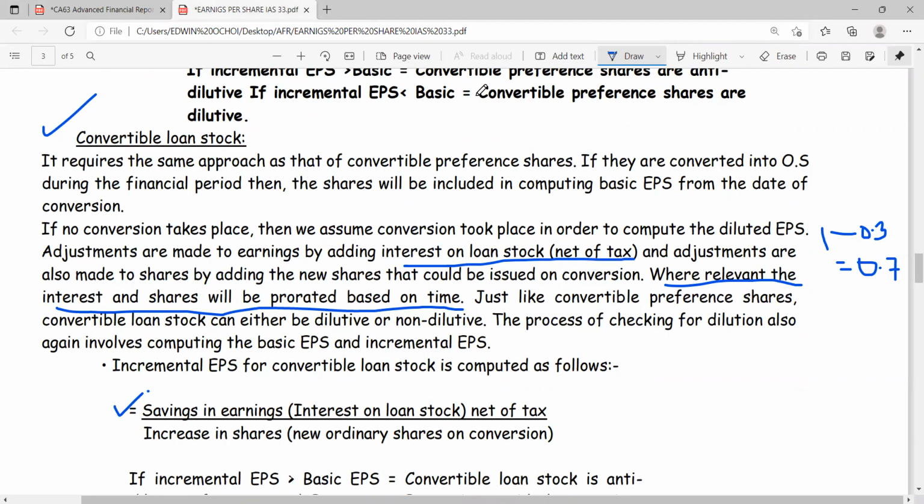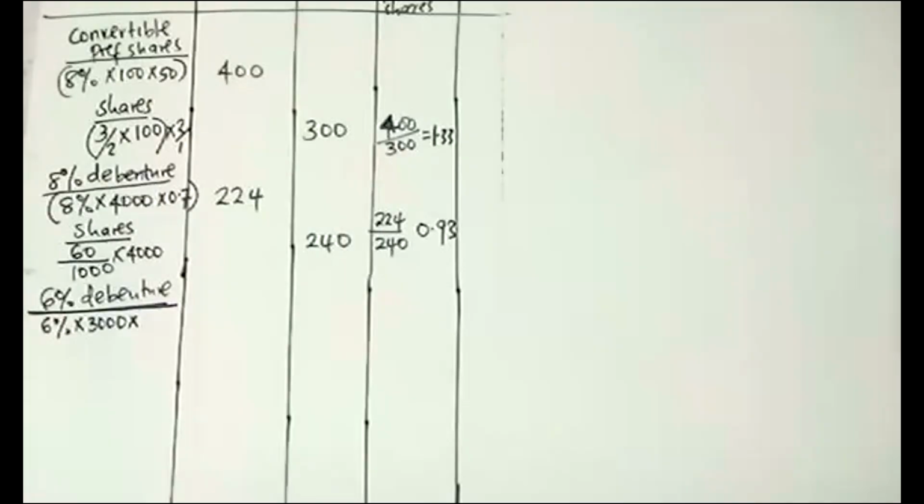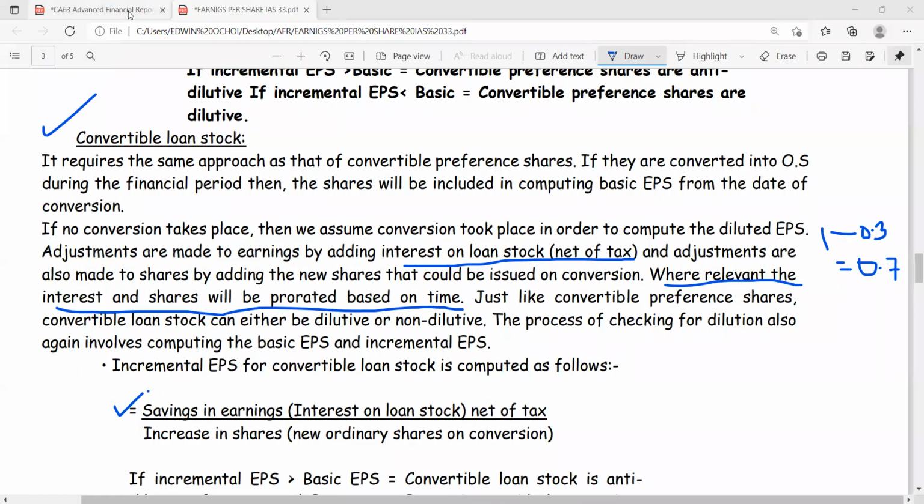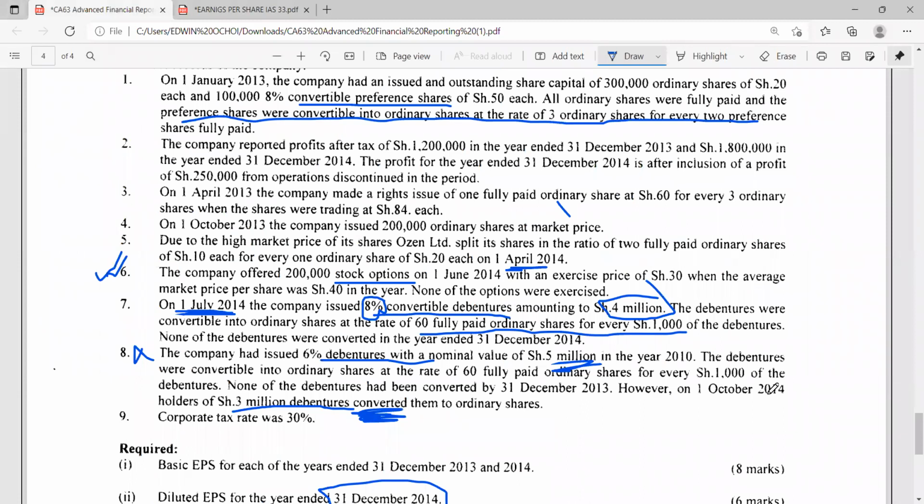That is what I'm doing here. So this security of 3 million was converted when? Was converted on October. So from January to October, up to the date of conversion, 9 months. So we prorate up to the date of conversion.